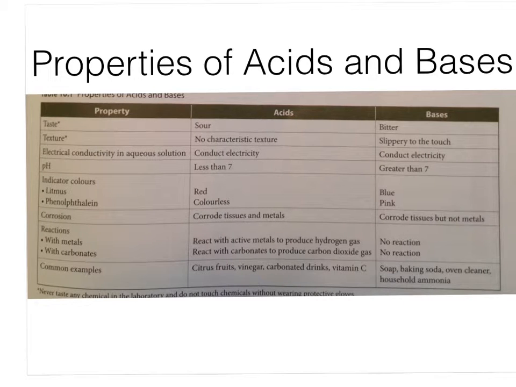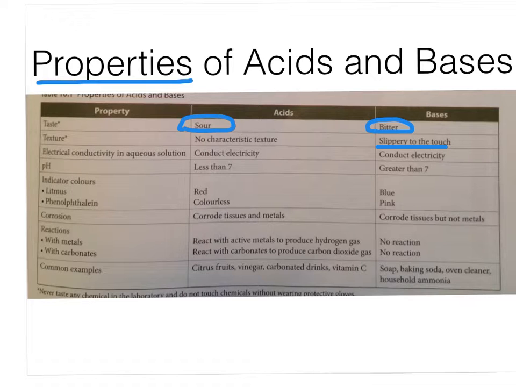Acids and bases have many different properties. Acids, for instance, taste sour, while bases have a bitter taste. Acids don't have any type of texture that's specific to them, but bases are slippery to the touch.